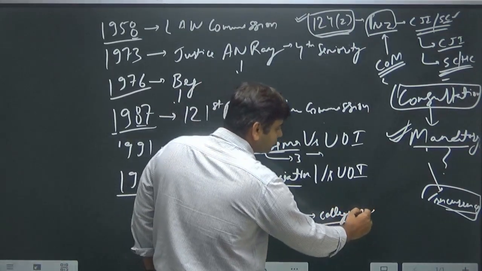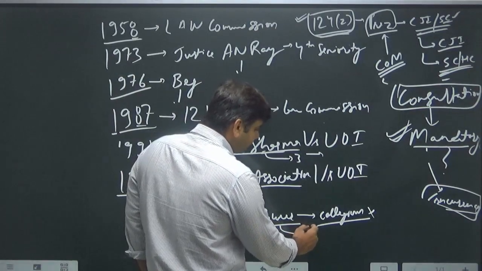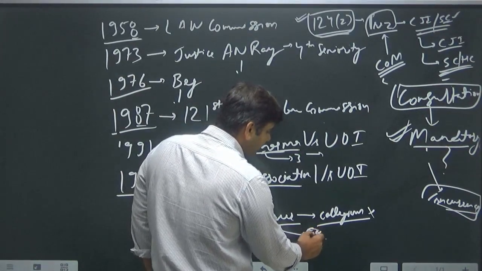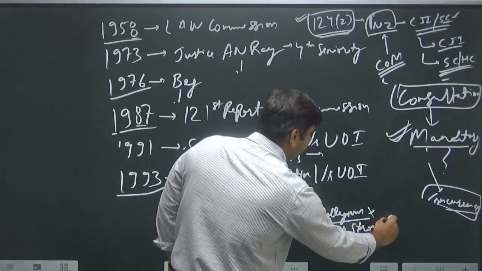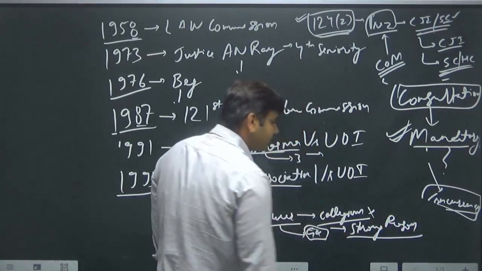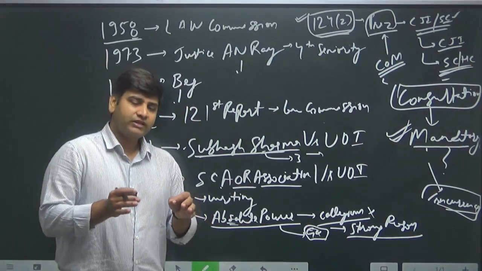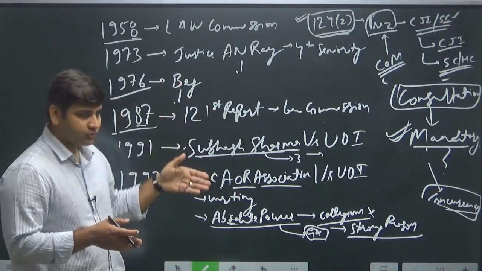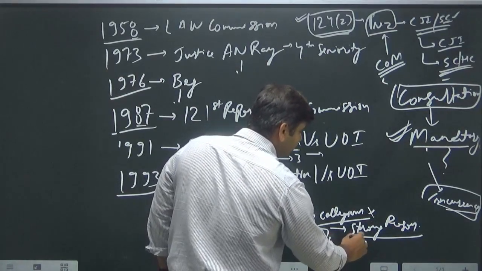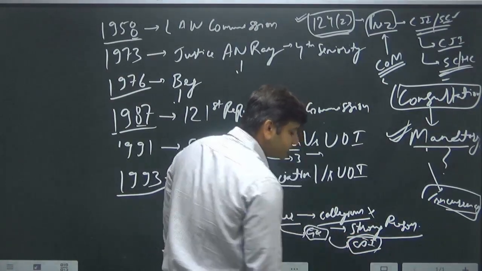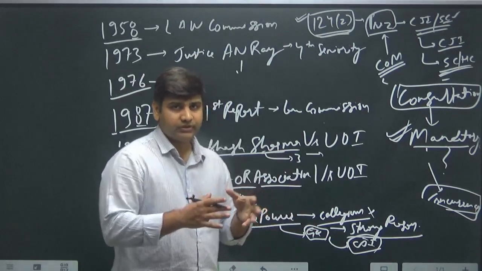It doesn't hold the absolute power, but there is a trick here. If the government, if the executive comes up with some strong reason whether a person should not be appointed as the Chief Justice or as a judge of the Supreme Court, then that strong reason must be conveyed to the Chief Justice of India, and if the Chief Justice of India accepts that reason, that particular name would be dropped.